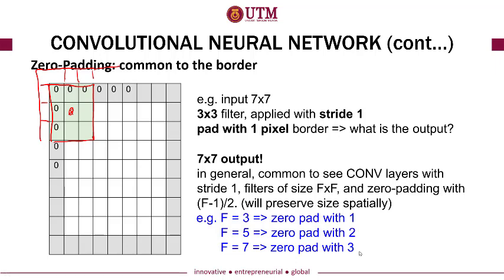You cannot change it, because if you want to maintain the size of the matrix, meaning the output matrix size similar to the input matrix size, then this will be automatically generated by the algorithm. If you apply the filter size 3 times 3, it will use the zero padding of 1, and for filter size 5 times 5, the zero padding is equal to 2.